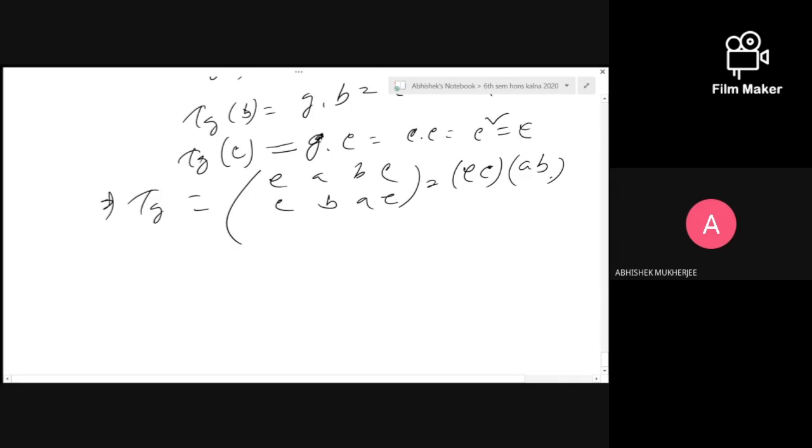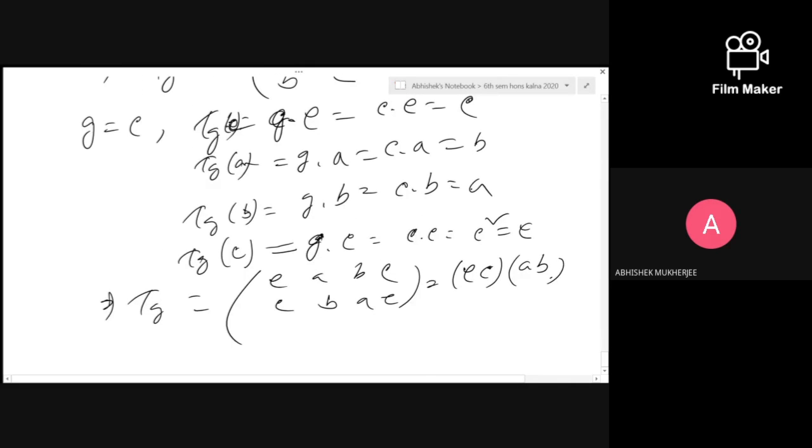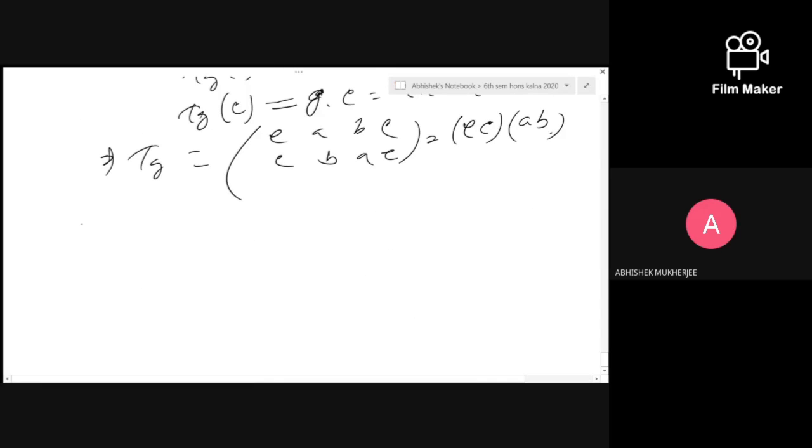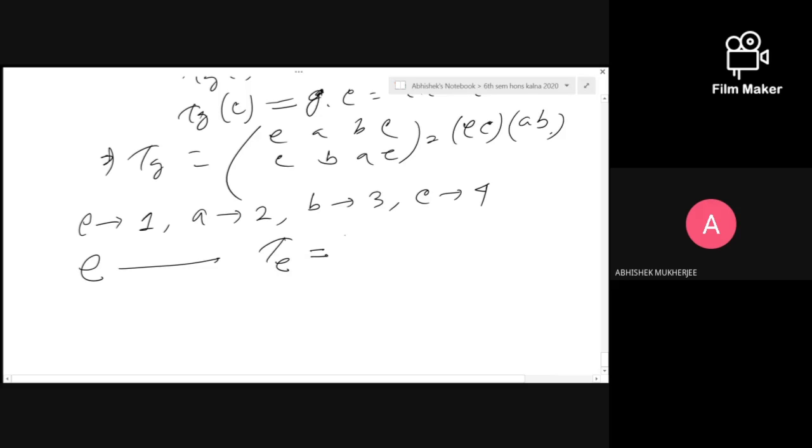Thus, it seems you are not familiar with these symbols. But now if we consider E equal to 1, A equal to 2, B is 3, and C is 4. Now the first case is for E. E goes to tau E, so it is tau 1.